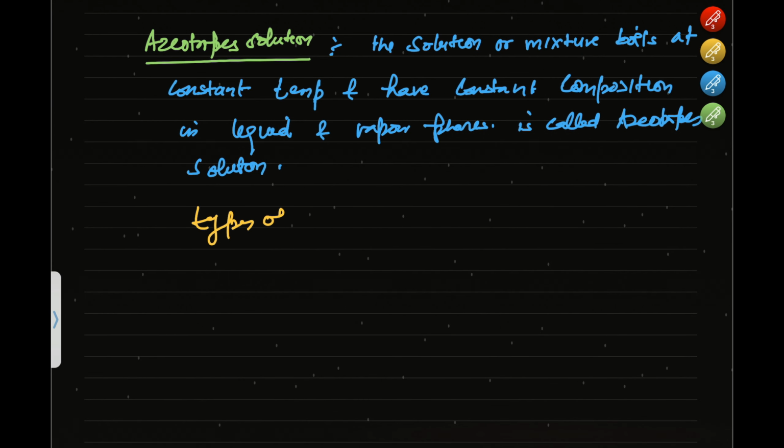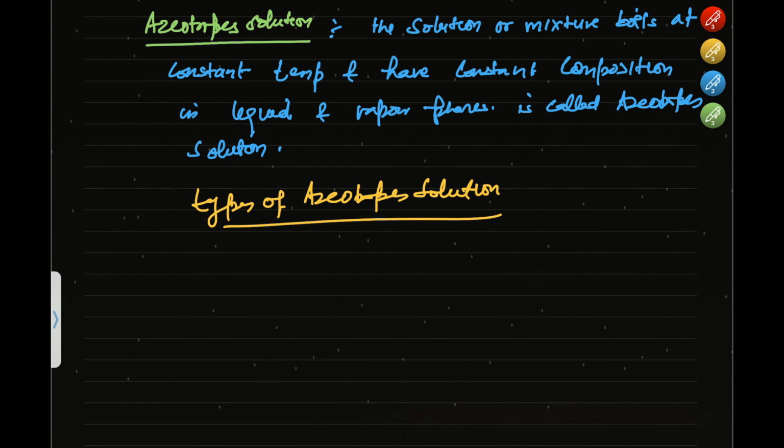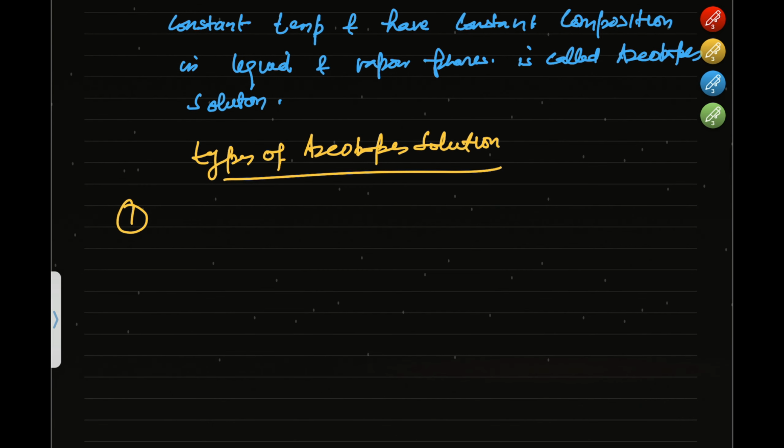Types of azeotrope solutions. Azeotrope solutions are of two types. Number one is minimum boiling point azeotropes.